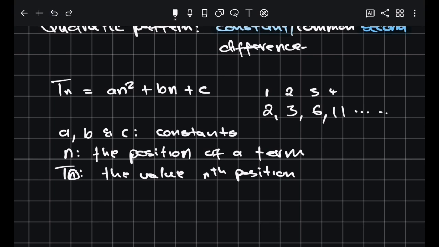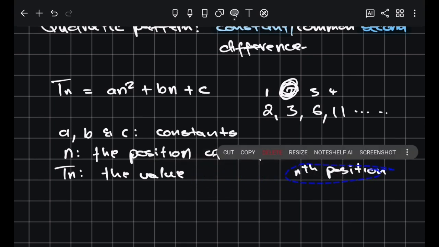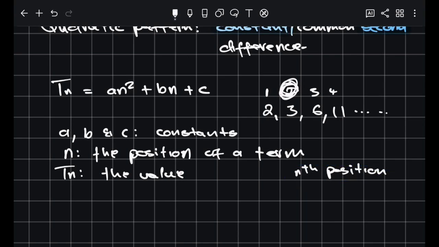This 2 is a position number, position 2, position n.